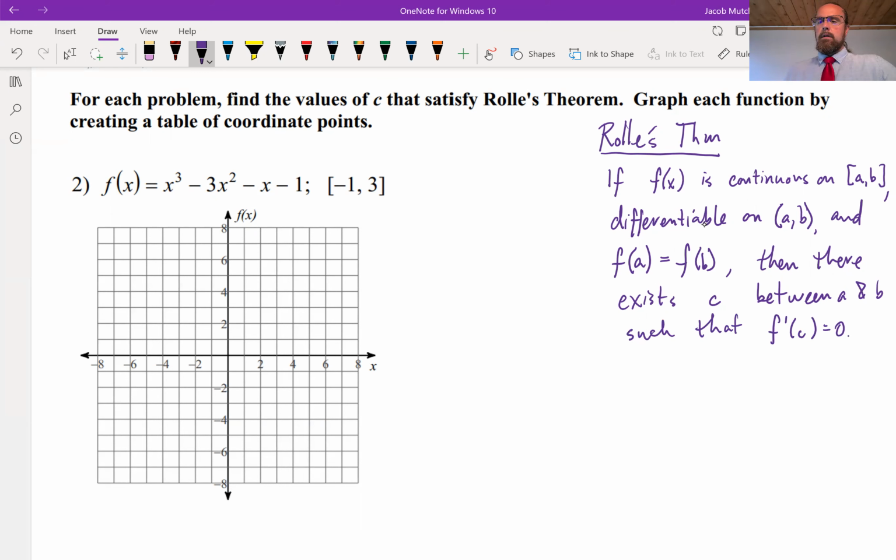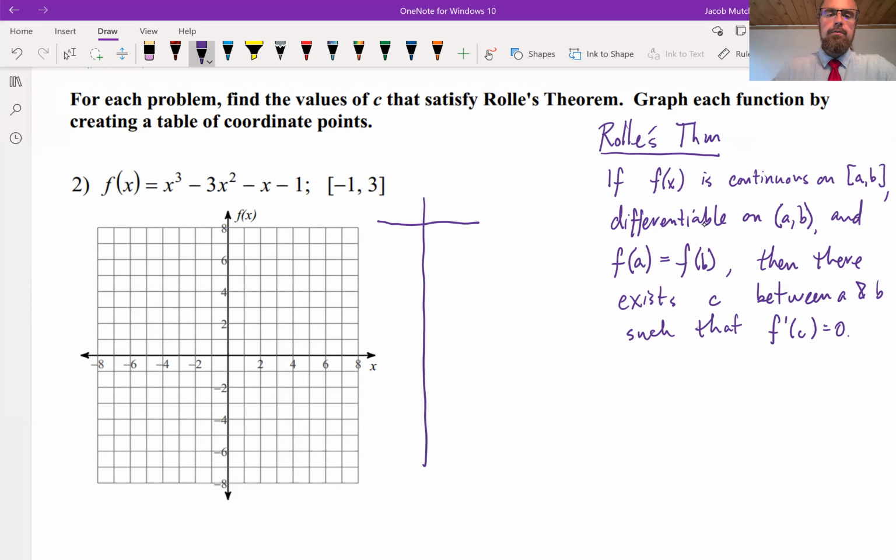Well, let's investigate this particular cubic function and see if it applies to Rolle's theorem. And if it does, let's find those one or more c values where the derivative at c equals 0. So let's graph this function just to begin, just to see if we've got the continuity, differentiability, and the identical endpoint y values.